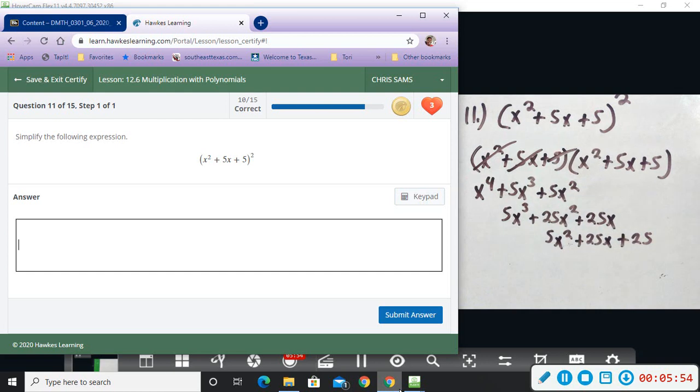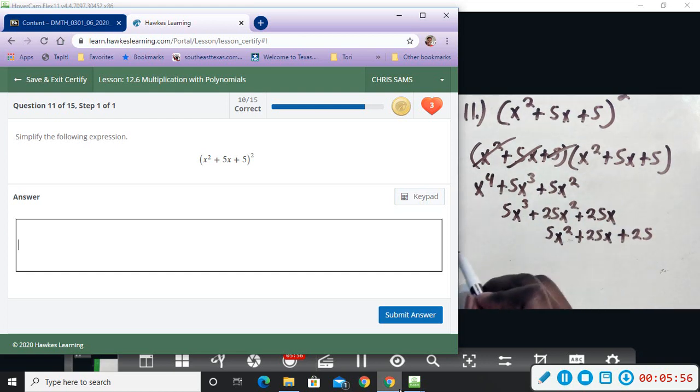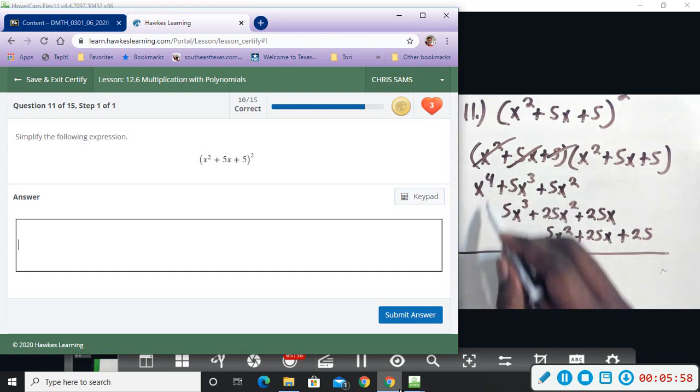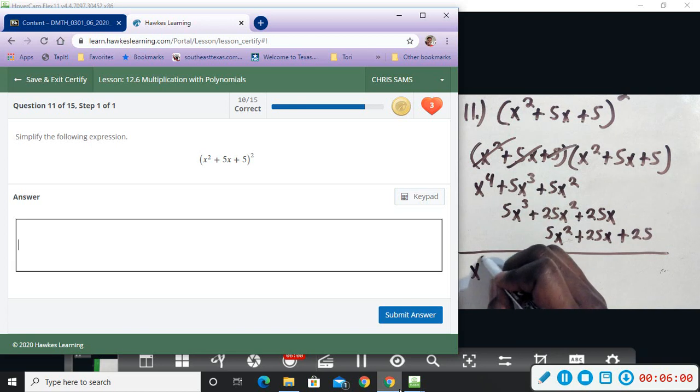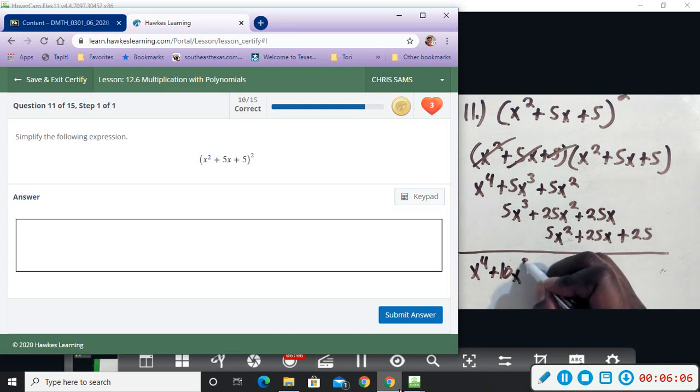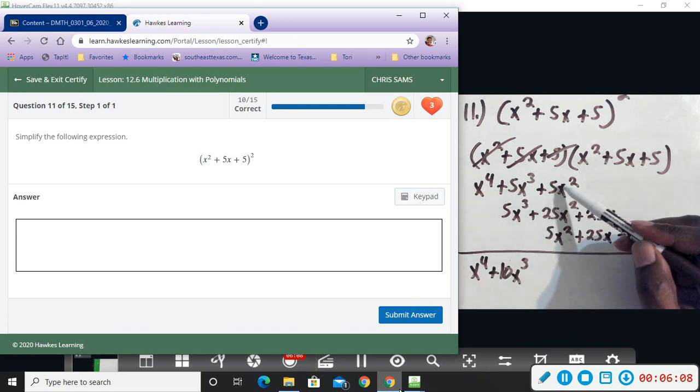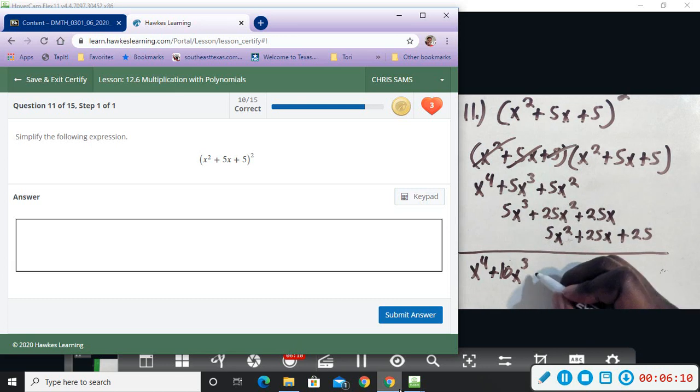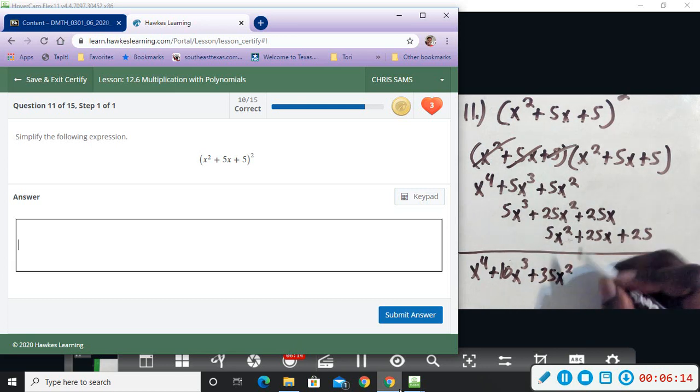So we've multiplied everything together. Now we just got to add up the like terms. So bring down the x to the fourth. And then this is positive 10x to the third. So 25 and 10 gives me plus 35x squared. You're not multiplying here.